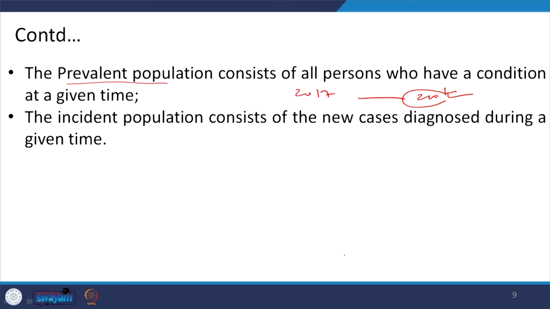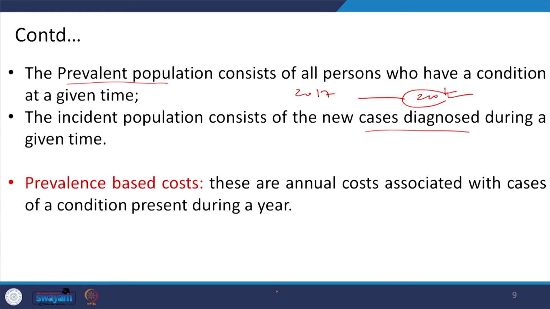And the second is the incident cost, that is explained in terms of the incident population. So, what is the incident population? They consist of the new cases just discovered or registered in that particular year. So, new cases diagnosed or registered during that given time.